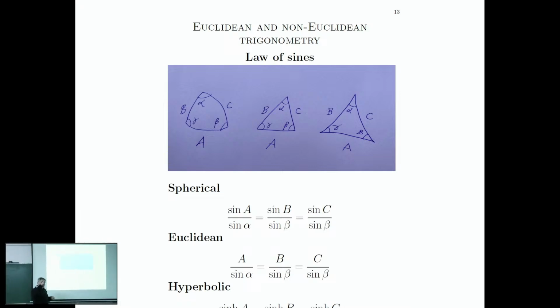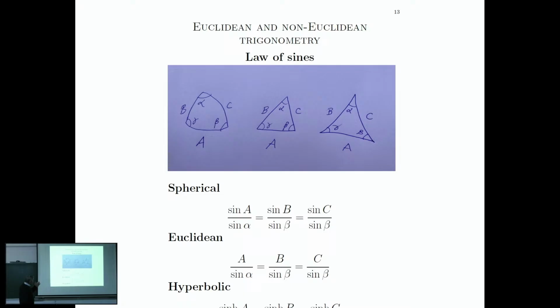When we draw it with straight lines, it means it's Euclidean. And then the hyperbolic triangles are always represented like this because the angle sum is less than pi, so the angles are narrower than the Euclidean angles.